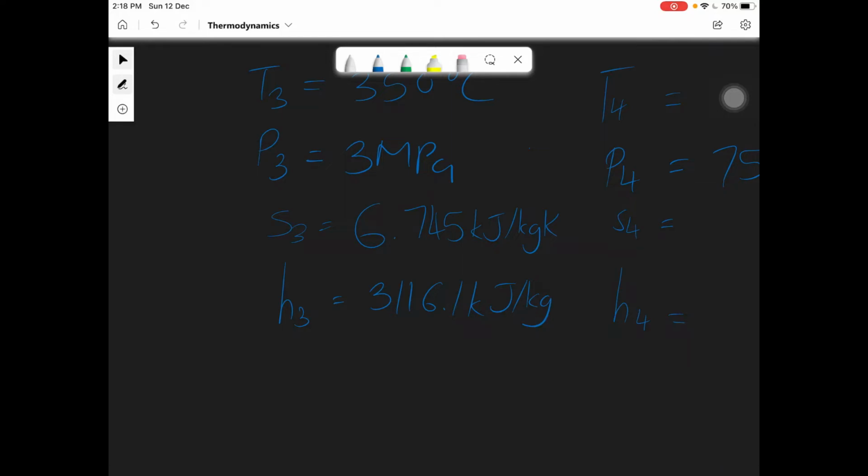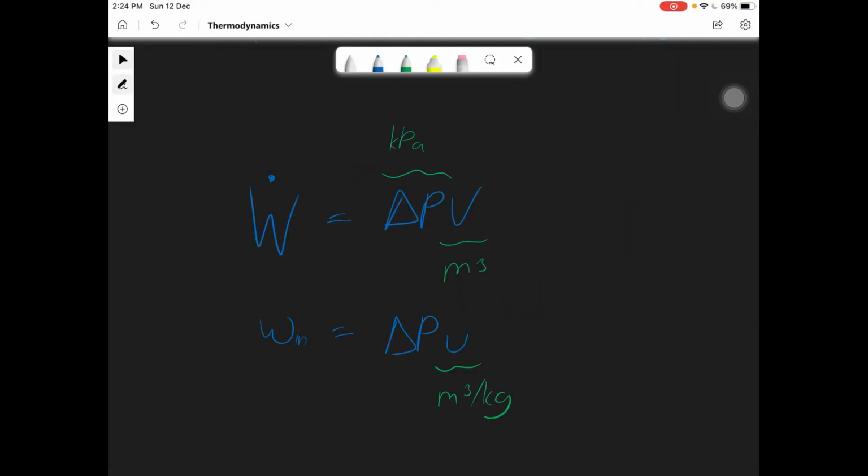Okay, next we need to find our H2 and H4, since these are the only values that we do not have. So for us to solve H2, there is a hint. Usually when we determine the work equation, we will write W equals delta P multiplied by V, right?